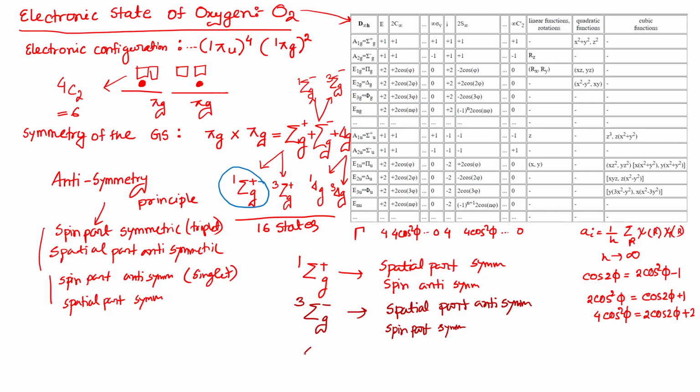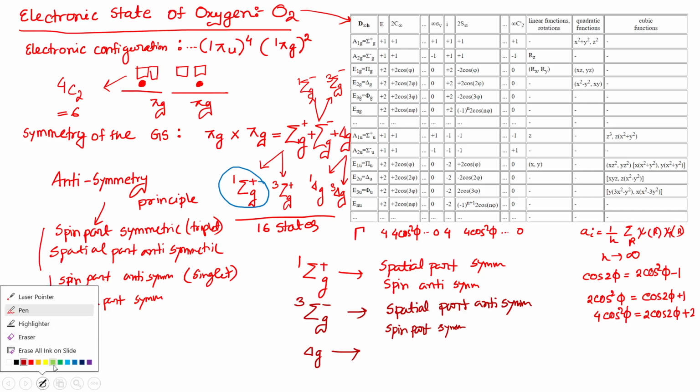What about delta G? Delta G, we don't have to look at it explicitly, okay? But as you can see, see how many states remain. So this is another possible state.